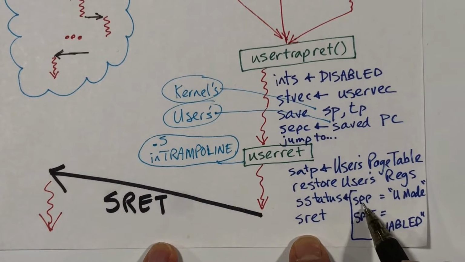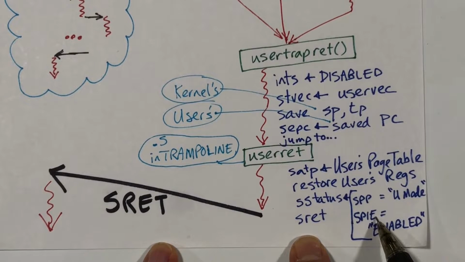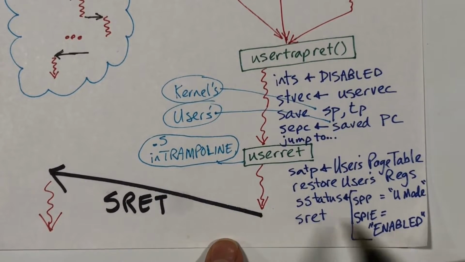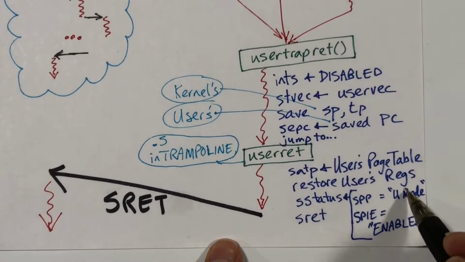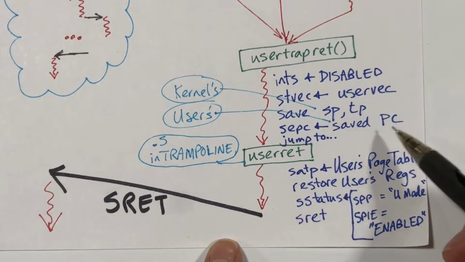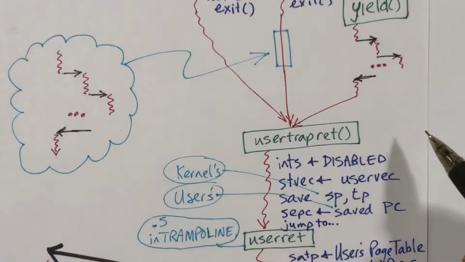The previous privilege level will be user mode, so we will be returning to user mode, and the previous interrupts enabled flag we set to enabled, so this will be copied into the current interrupts enabled flag. So when we execute the SRET, interrupts will then become enabled, and we will be in user mode, running with the user's registers and the user's page table and so on.